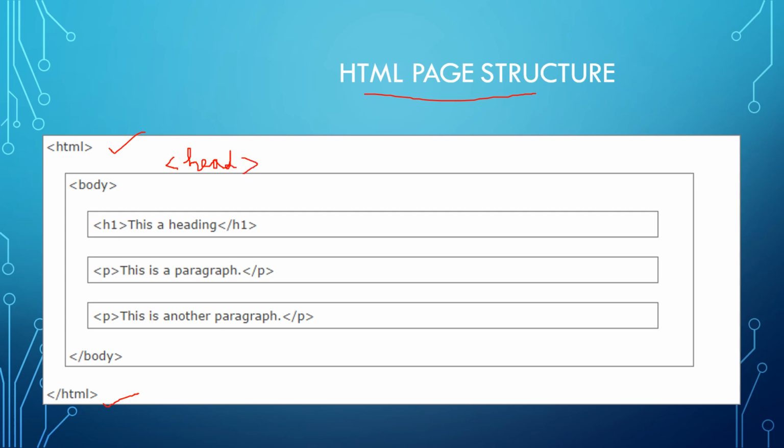The head part usually contains the title, and second is the body part. There are 6 headings to represent the data, so H1 will represent the data in a bigger font size. In paragraphs you can write any number of lines, and in another paragraph you can write any number of lines. And this is the format of a basic HTML page.